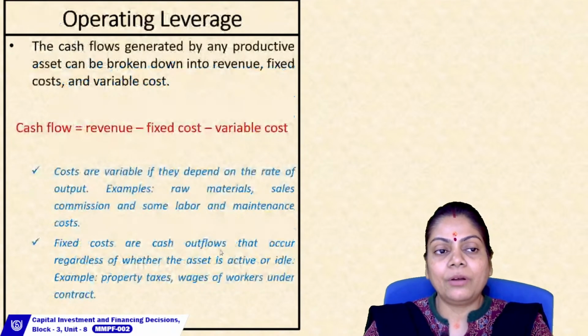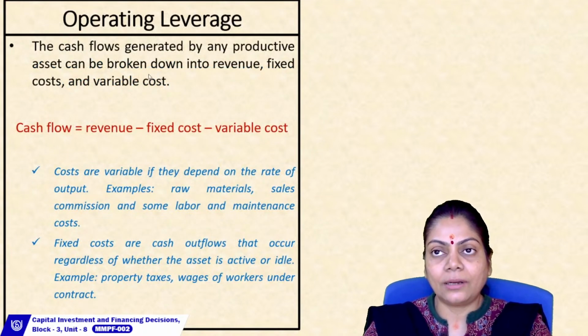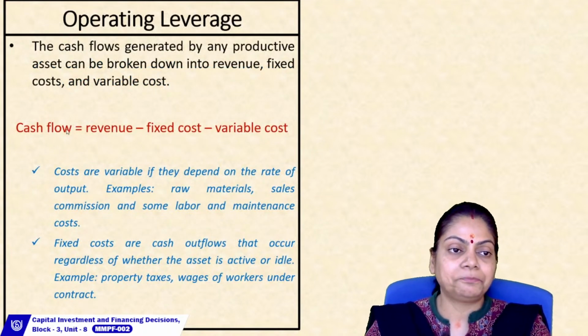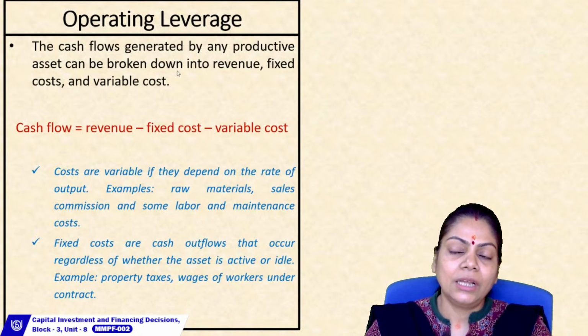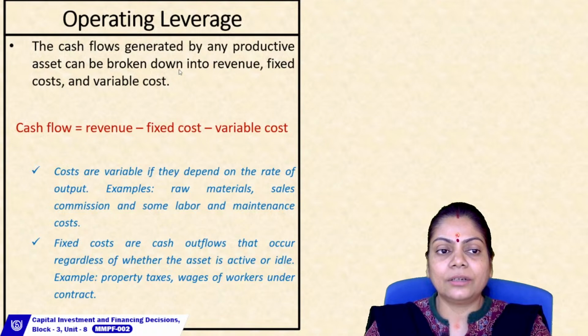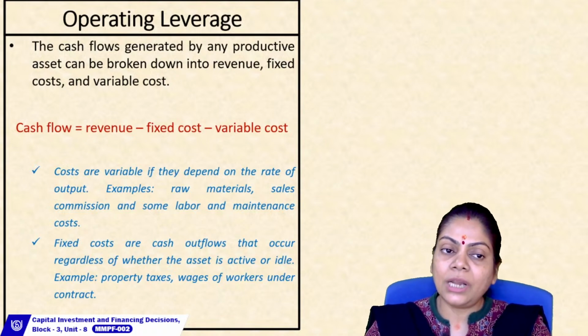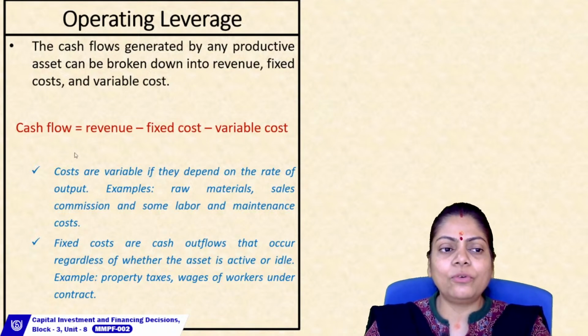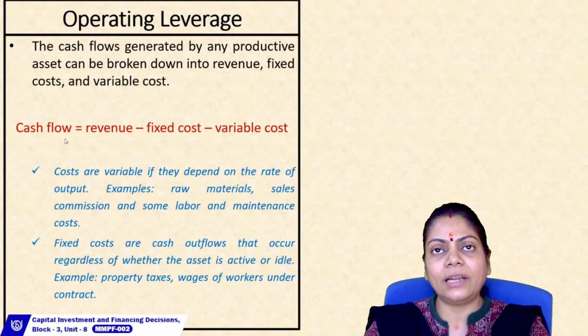Now, you see, when we are talking about the company having operating leverage, the cash flows generated by any productive asset can be broken down into revenue, fixed cost, and variable cost. So basically, profit, not cash flow. We should be saying, let us say, profit.